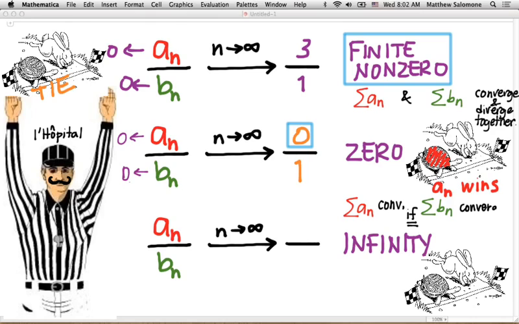Because in that case, the bn's, the hare in this race here, even though it's getting beat out by the tortoise here, it's still getting to 0 fast enough to converge. And if the an's are getting there even faster, then so much the better. In other words, the turtle's plane is making a smoother landing than the rabbit's plane in this example. And because the rabbit's plane is already landing smoothly, it's not crashing, the series is converging, and the turtle's plane is even smoother. Therefore, the an's converge.